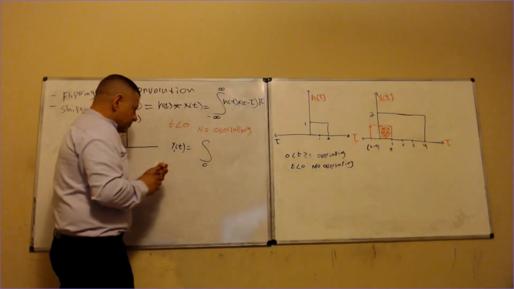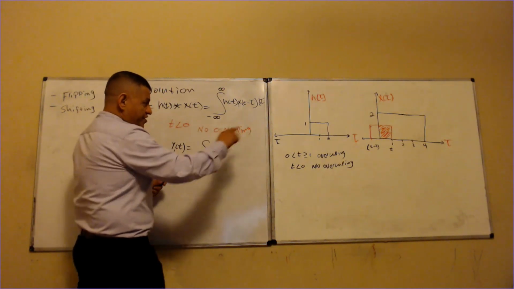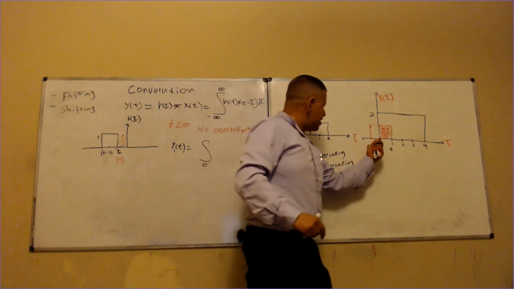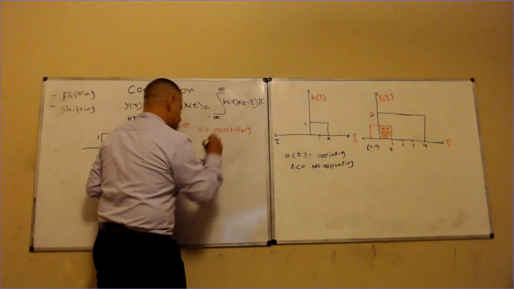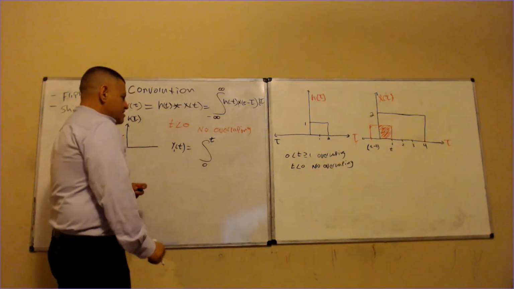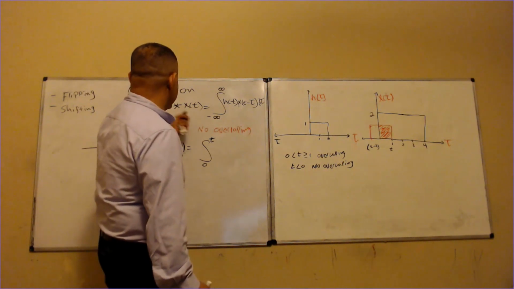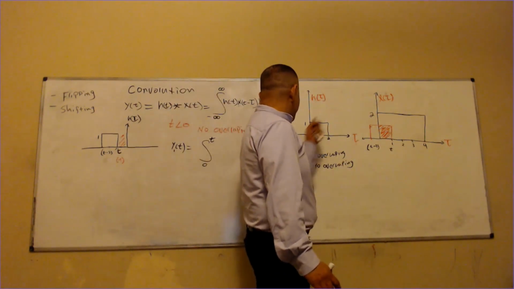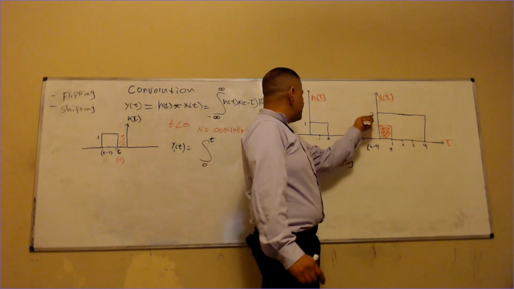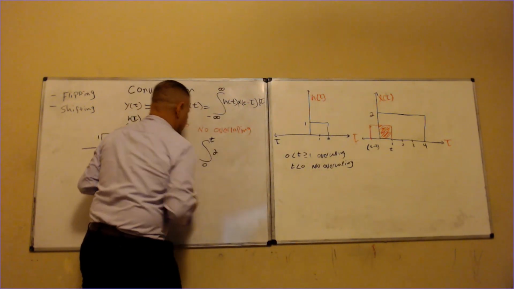So now I am taking the integral from here to t, which is over here. Now, remember what it says. I have to multiply the two signals, the heights of the signals. In this case, it's going to be 1 times 2, which is 2, right?